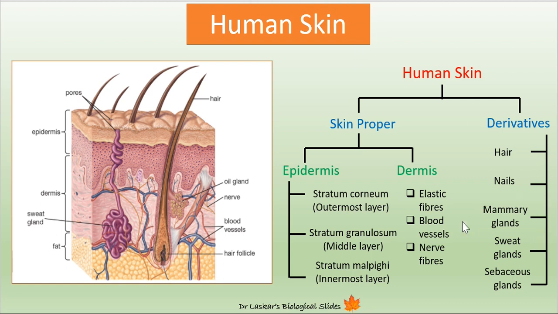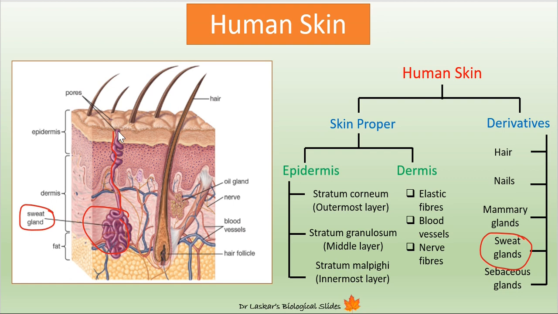Now next, the sweat glands. Here you can see the labeling of the sweat gland. It is a simple coiled tube, and you can see the coiled structure, consisting of a deeper secretory part and an excretory part.